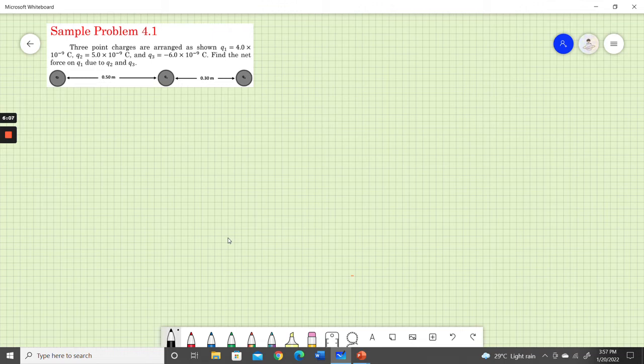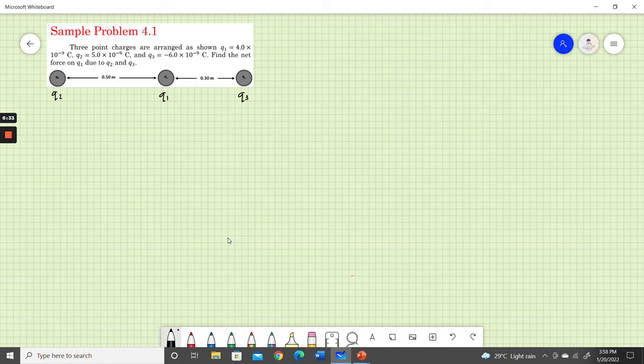You may not see this, but this is Q2, this is Q1, and this is Q3. Q2 is 0.5 meters away from Q1, and Q1 is 0.30 meters away from Q3.